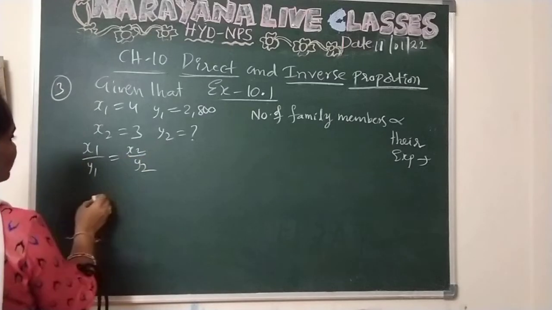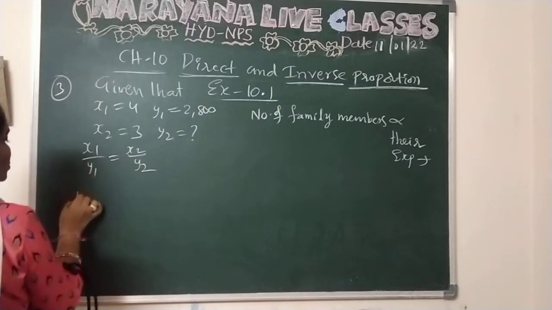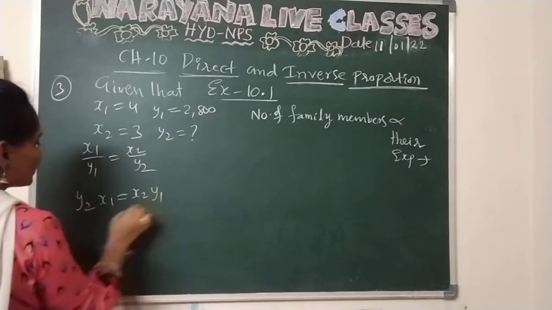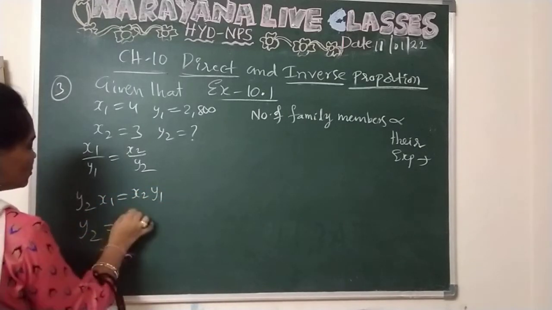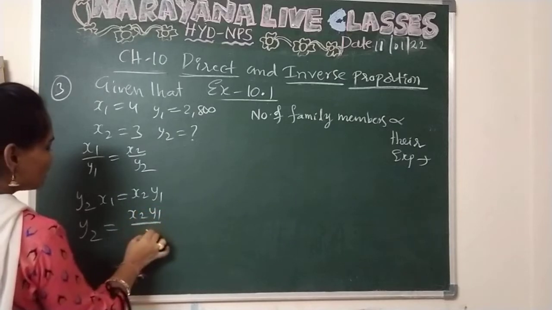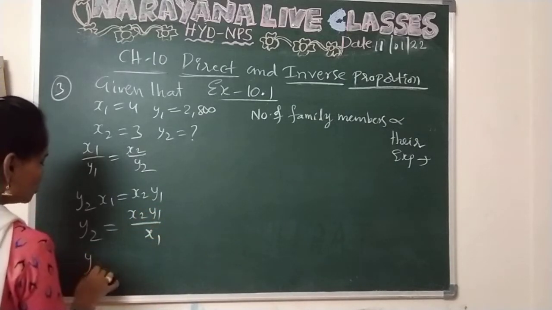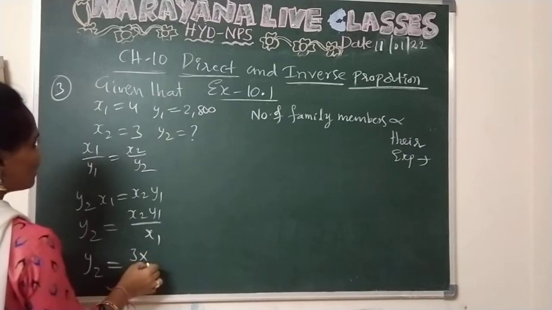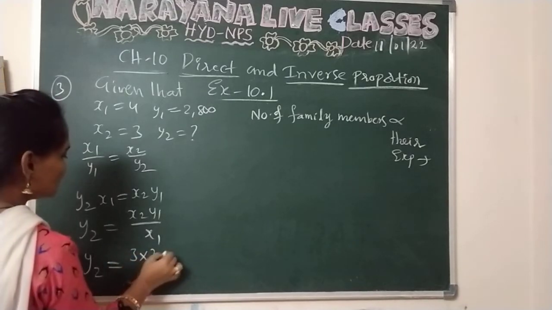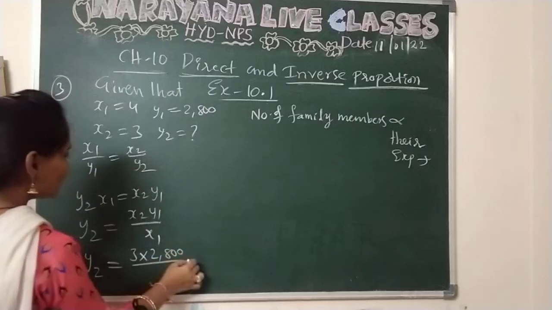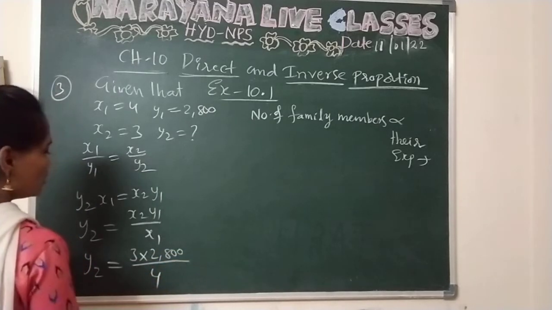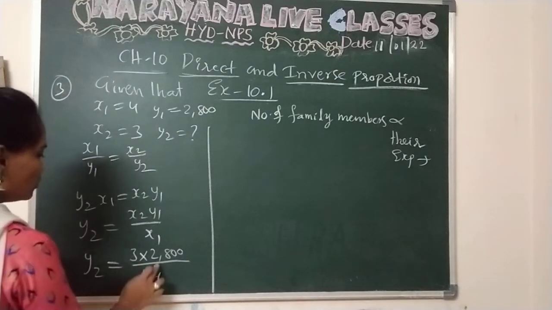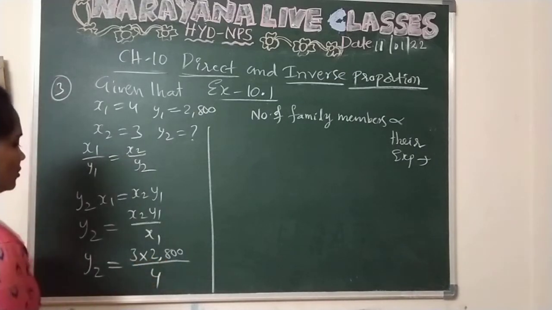Now y2 we need to find out, do cross multiplication. y2 x1 is equal to x2 y1. So y2 is equal to x2 y1 by x1. Now you can substitute the values: x2 is 3, y1 is 2800, divided by x1 which is 4. Now if there is any cancellation, you can do it.